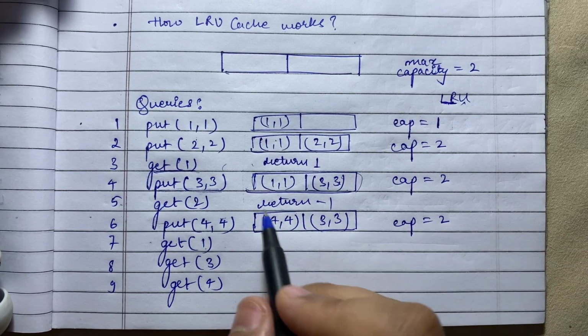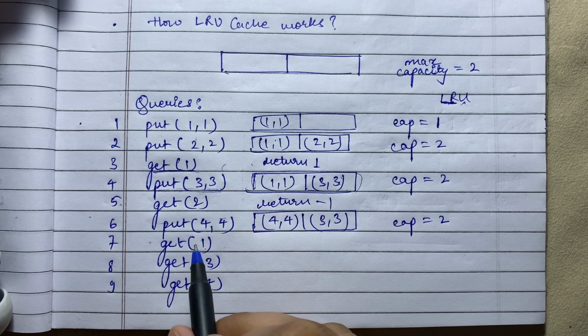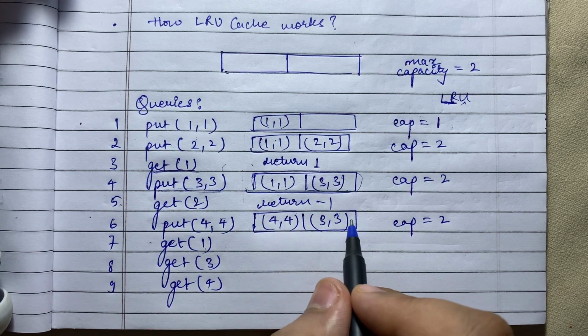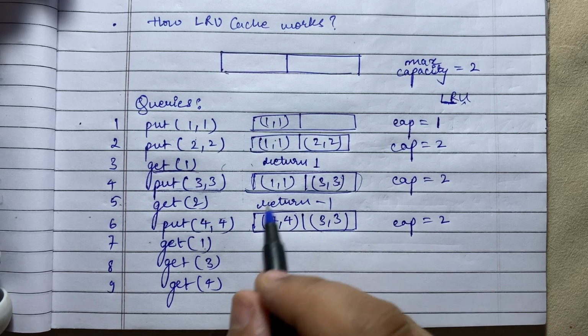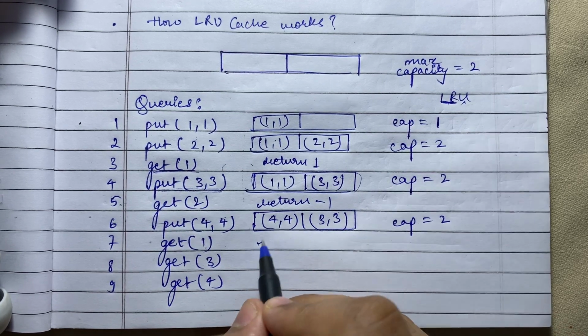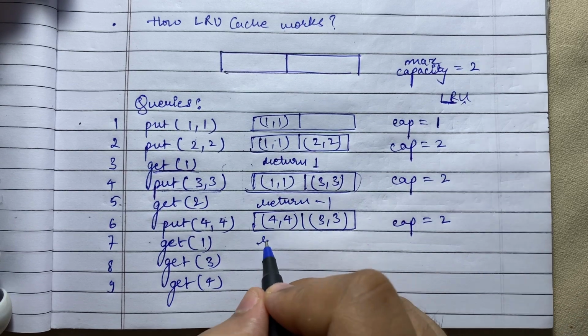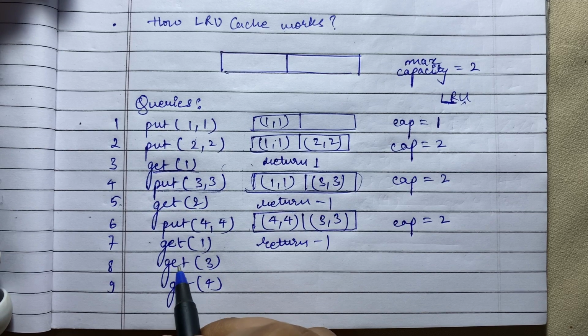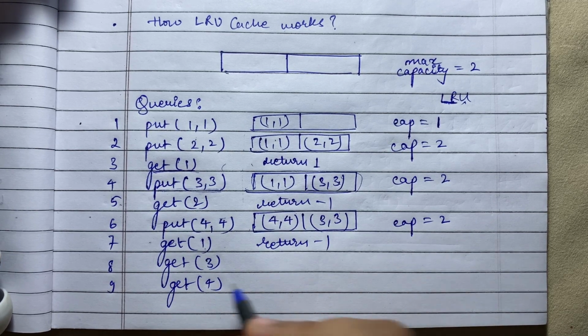Okay, so again the query is get 1, which means that we have to look for a key 1 and its corresponding value. Since we don't have any such key, we have to return -1 in this case. Again, we have a get query of 3.